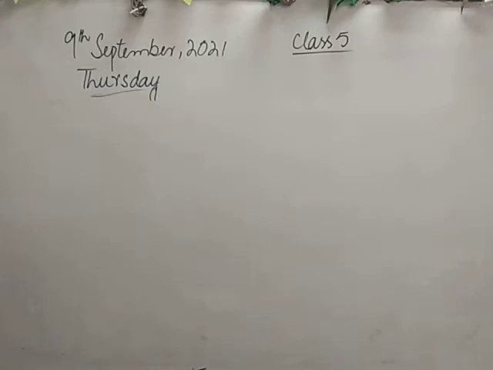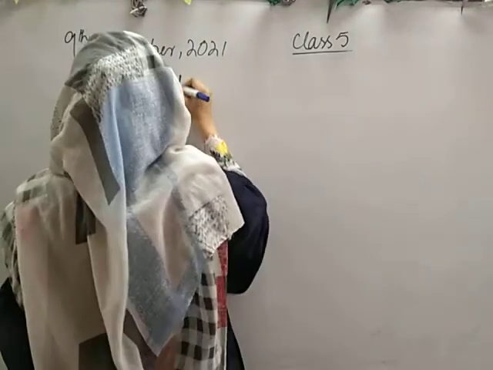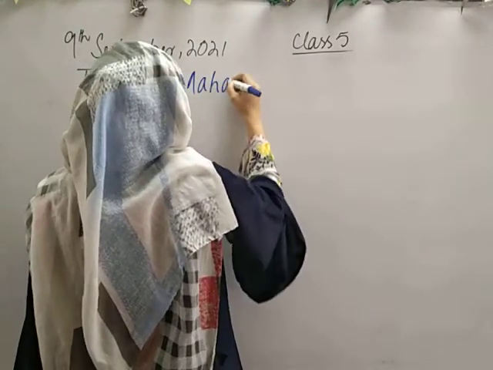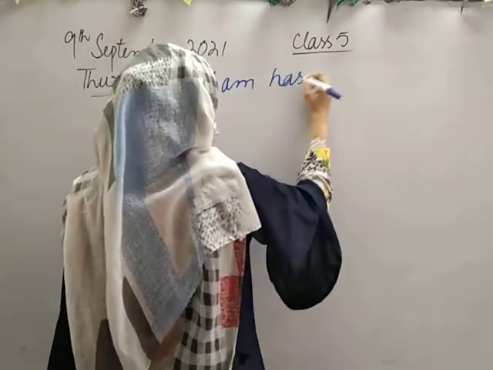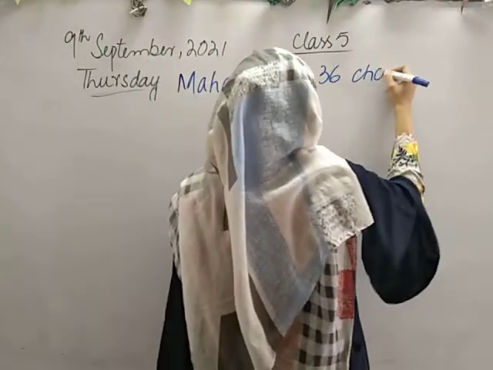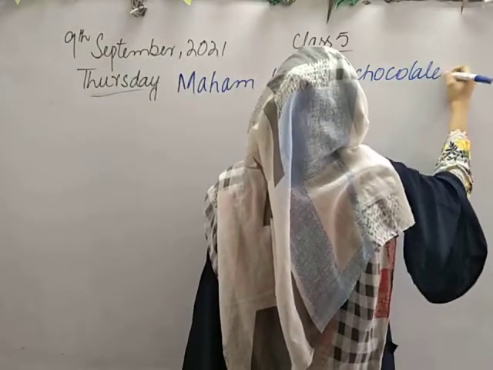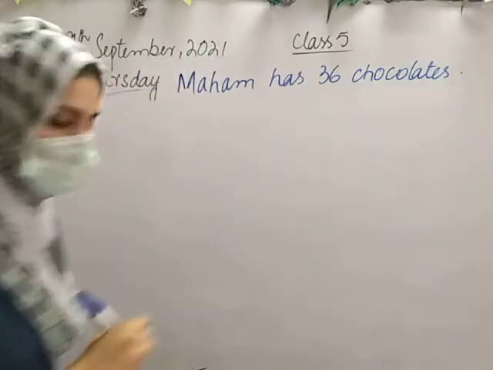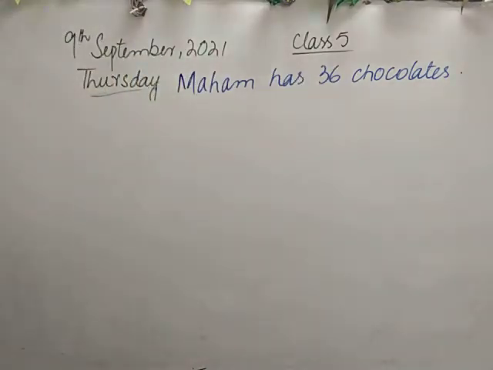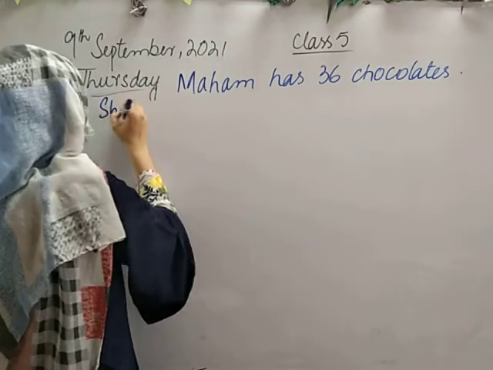Fine. So let's take an example on it. Maham has 36 chocolates.